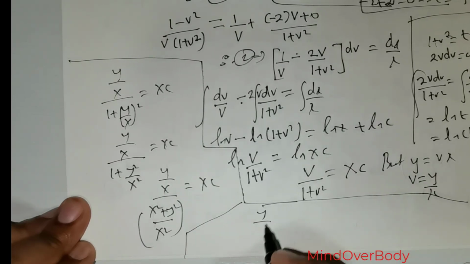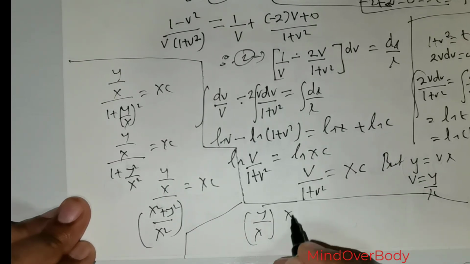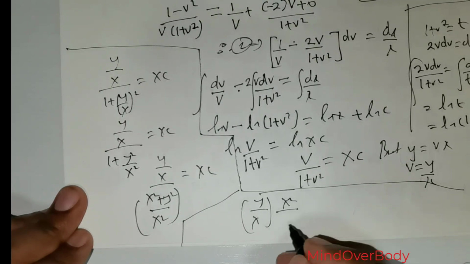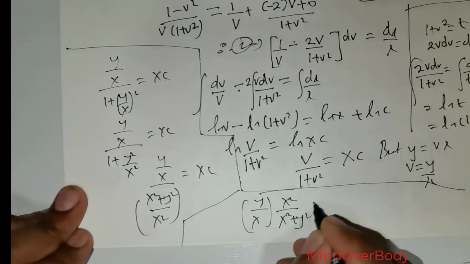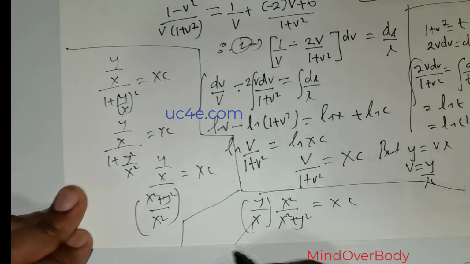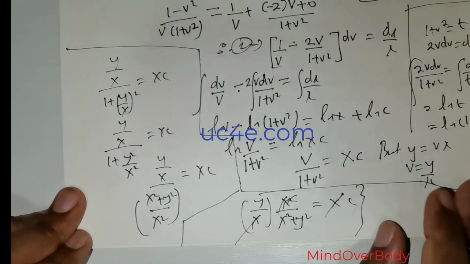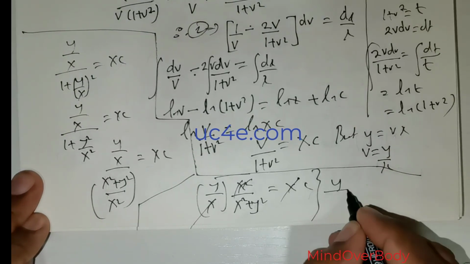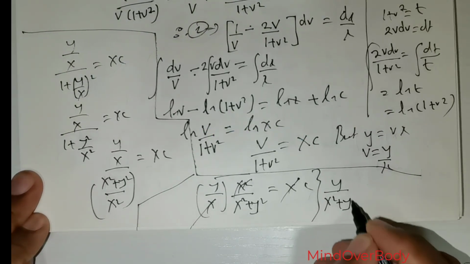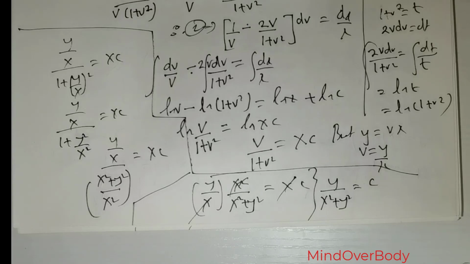If I flip it, this is y over x, I flip it, I get x² over (x² + y²) equal to x times c. Now an x and an x can be cancelled. So this is going to be y over (x² + y²) equal to c. This is what we have got.